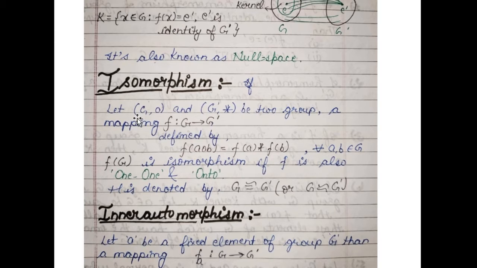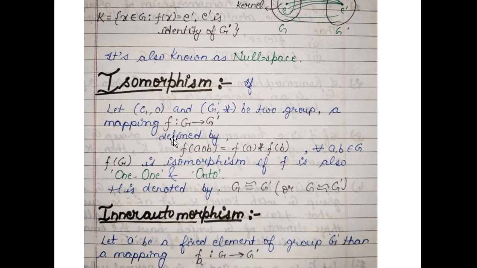And now isomorphism. If G with operation o and G' with star are two groups, then a mapping from G to G' is said to be an isomorphism if it is a homomorphism which is one-one and onto. That is, a homomorphism which is also onto and monomorphism is called an isomorphism.